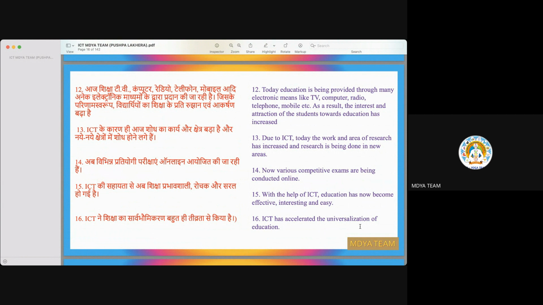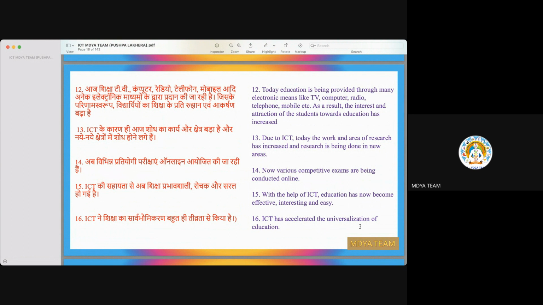Also in the area of research, this has been a very good advantage, and it makes it very easy to approach research. Various research papers which are already published, you can go through at one place. And new areas have also opened up for research work.